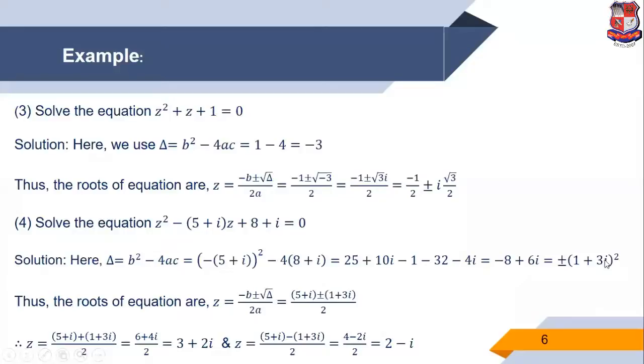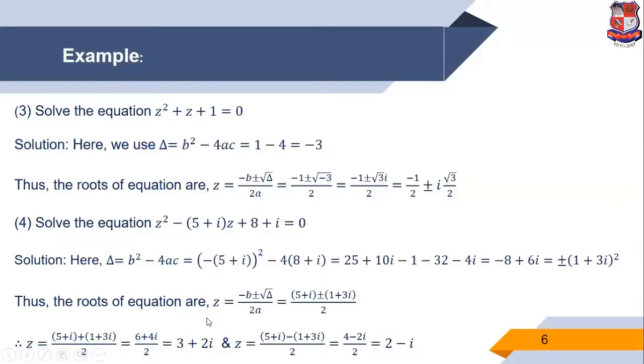So obviously here we can take 3i into 2, that means 6i. So we use 1 plus 3i. So (1 plus 3i) square is nothing but 1 square plus 6i plus 9i square. So 1 minus 9 is nothing but minus 8. So minus 8 plus 6i is nothing but this form.